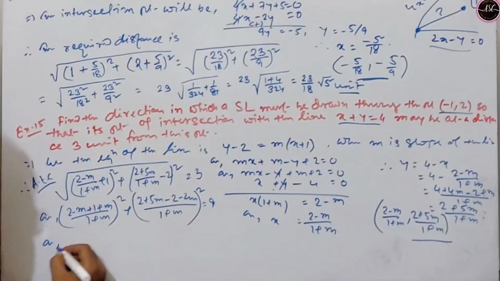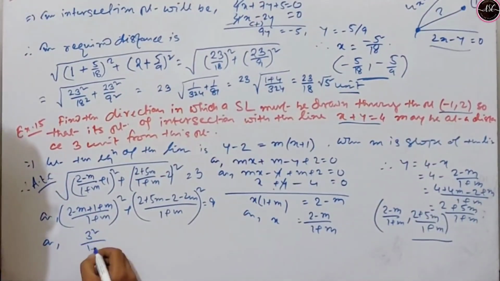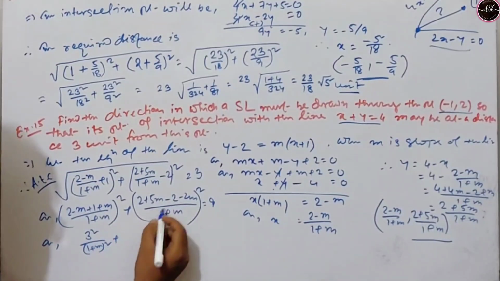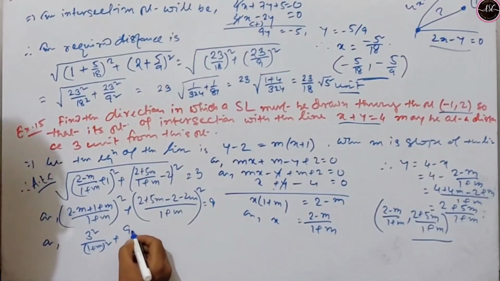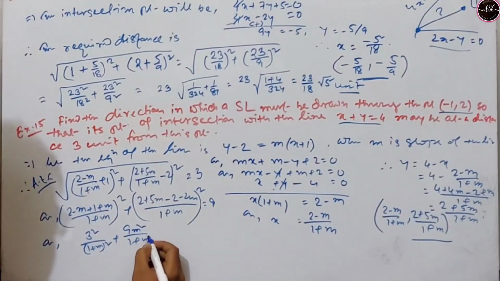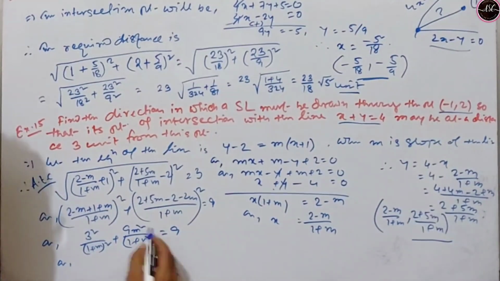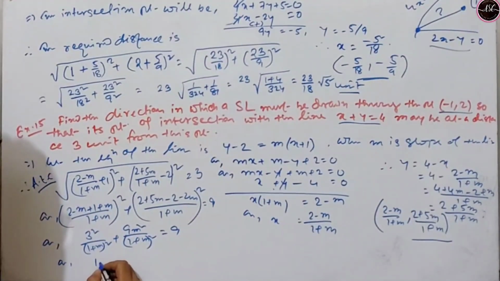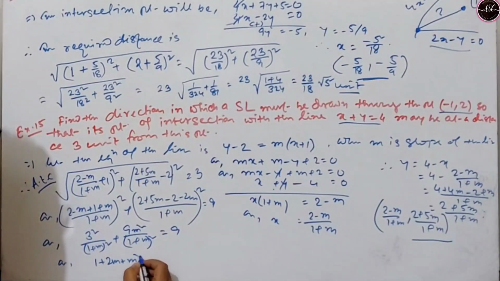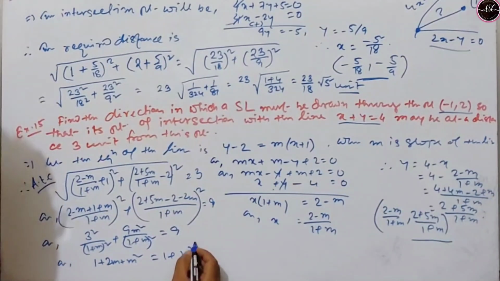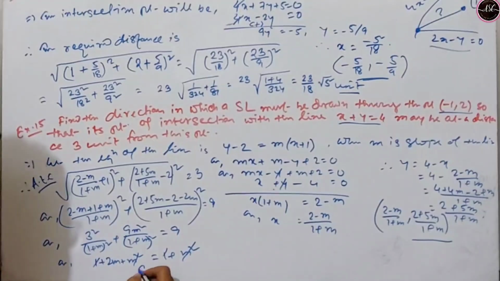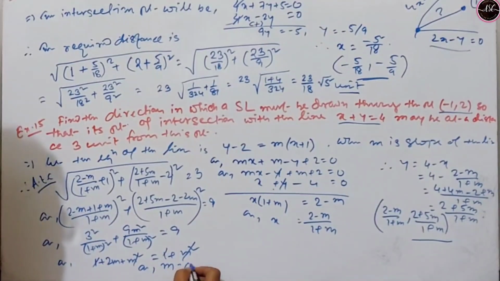From here we get 3 square divided by 1 plus m whole square plus 9m square divided by 1 plus m whole square equal to 9, or 9 will be cancelled out. Therefore, 1 plus 2m plus m square equal to 1 plus m square. So m square and 1 will be cancelled out, or m equal to 0.